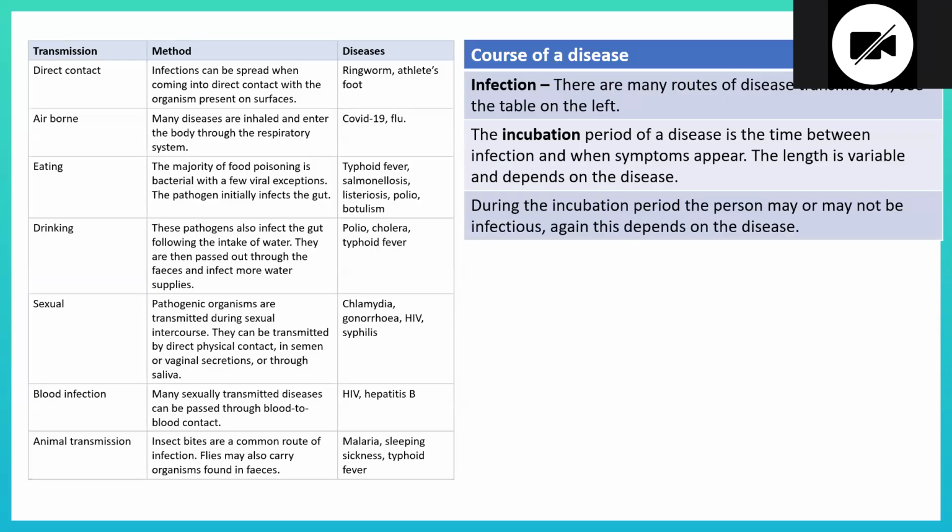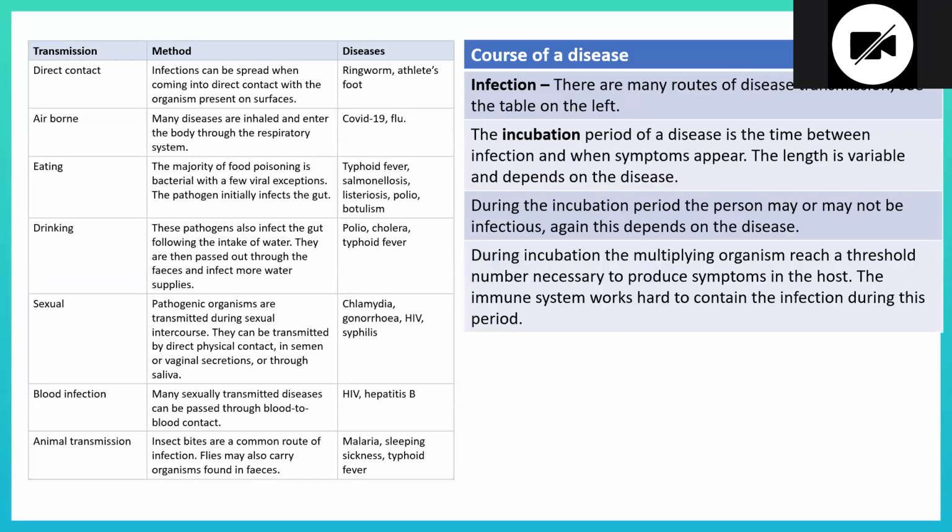Again, it's very variable, depends on the disease. During incubation, the thing that's multiplying, the virus, the bacteria, the protozoa, will reach the number necessary to produce symptoms in the host. And then the immune system works hard to contain the infection during this period.